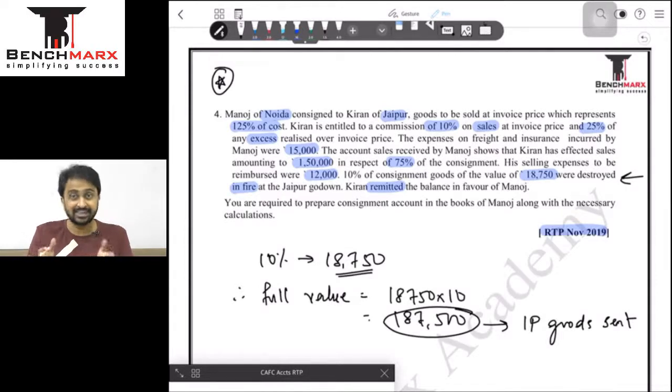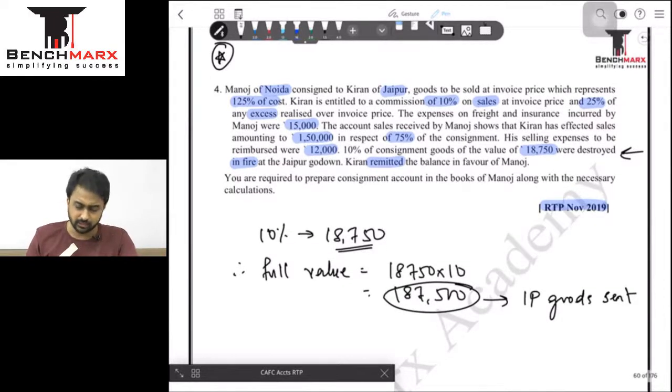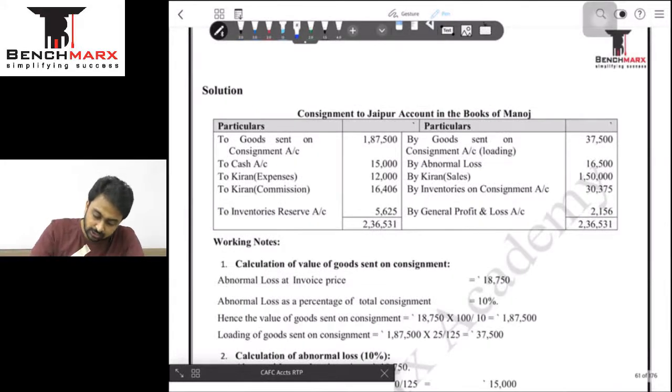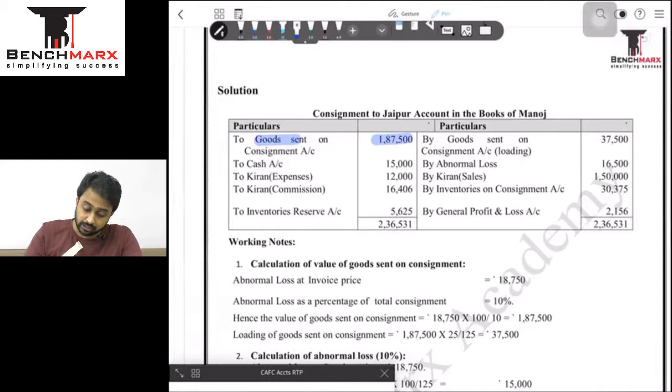So they have indirectly told us how much goods we sent. We will start with this amount as goods sent, and obviously this will represent the invoice value, and we will reverse the loading content on the opposite side. So consignment account debit to goods sent on consignment is 187,500. Now what is the loading content?